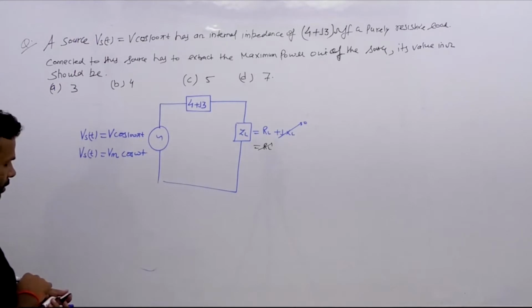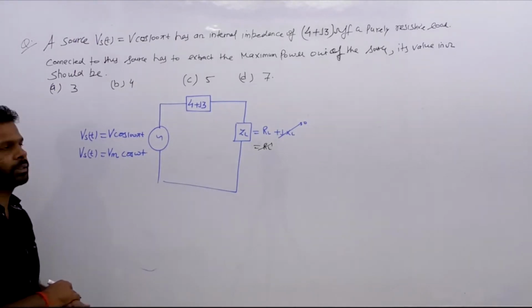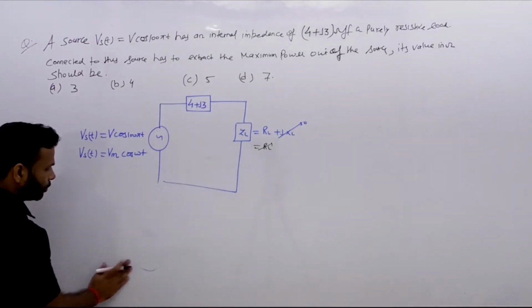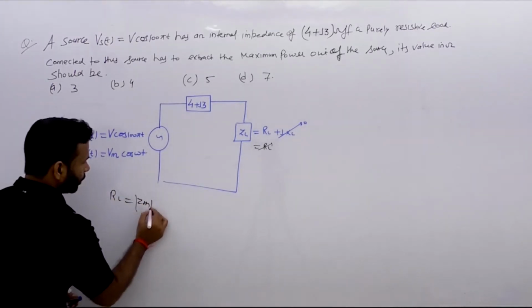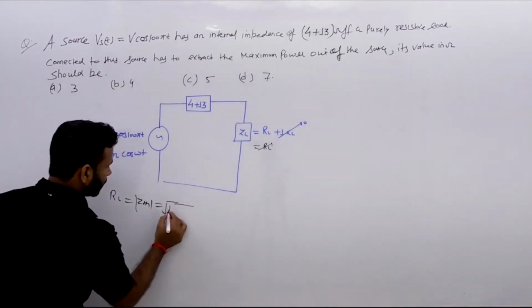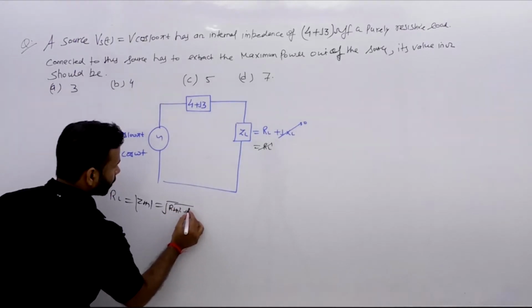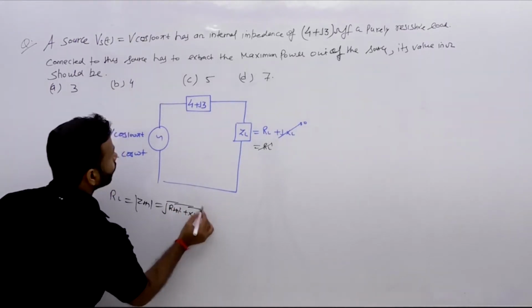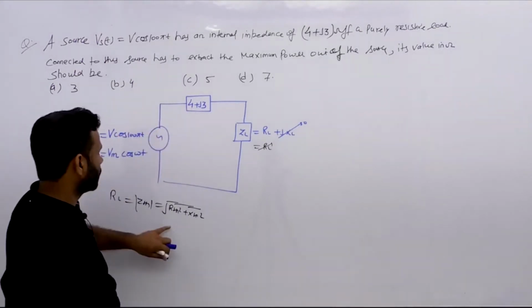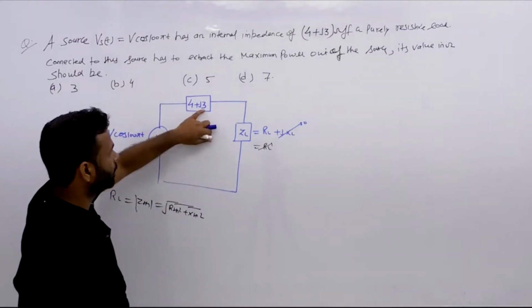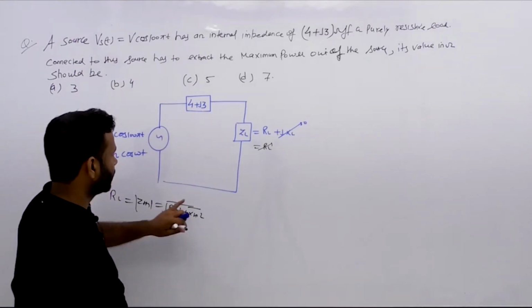What should be the value of that R? Now if you see the result of the restricted condition, part 3, RL equals the modulus of ZTh, that is the square root of RTh square plus XTh square. RTh is 4, so 4 square is 16, XTh is 3, so 3 square is 9.